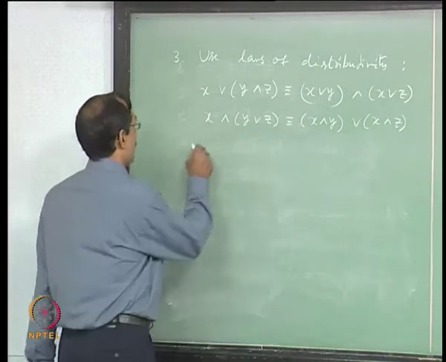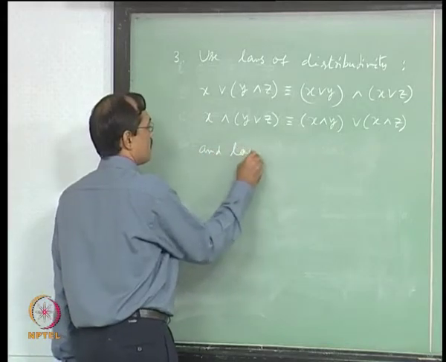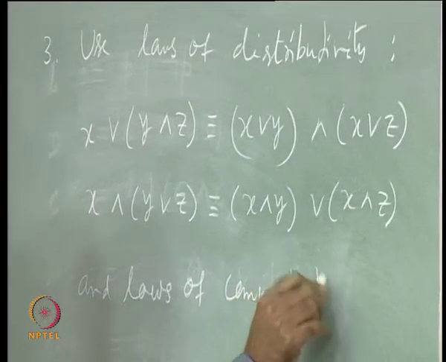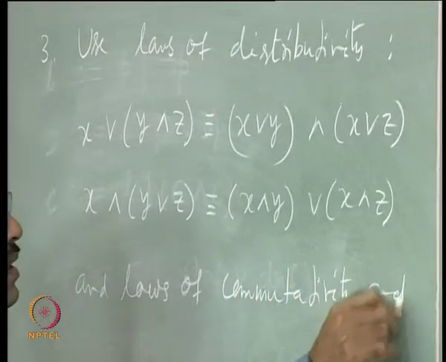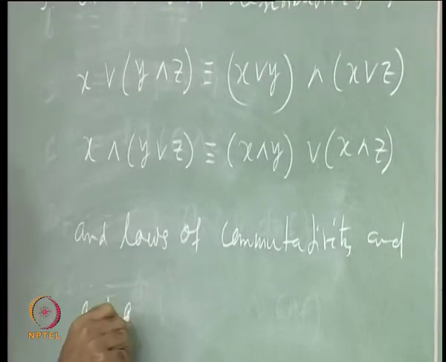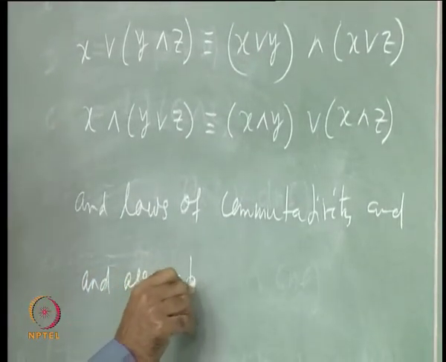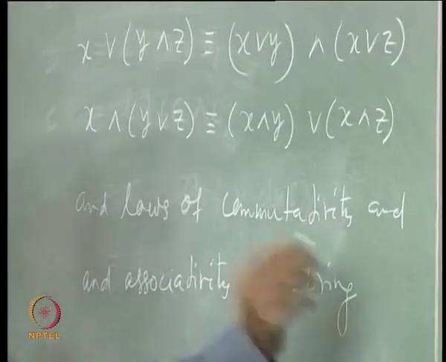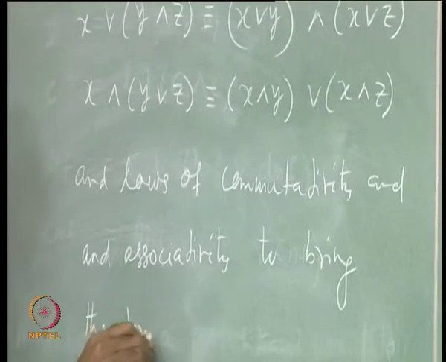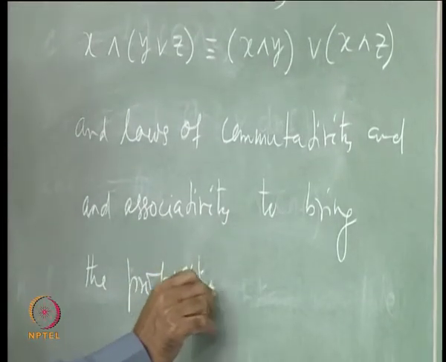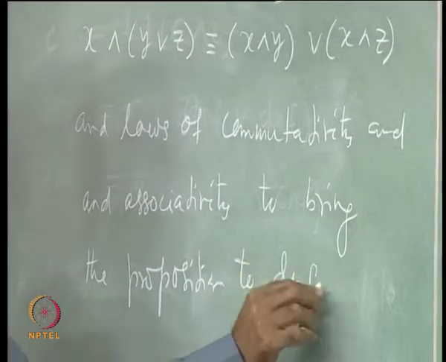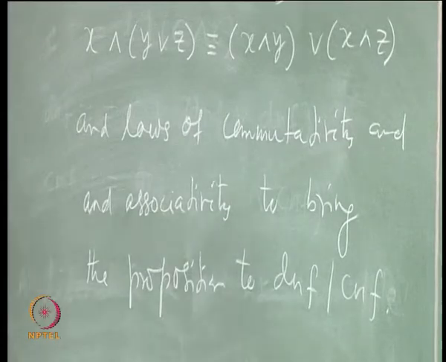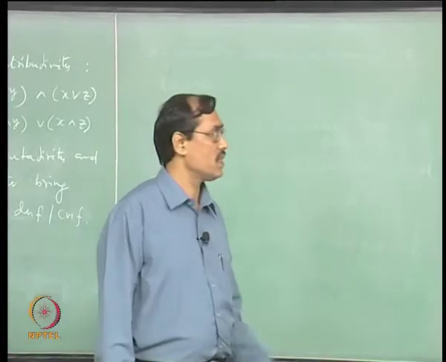So, use laws of commutativity and associativity to bring the proposition to DNF or CNF. Is that okay? So, let us see the first problem.